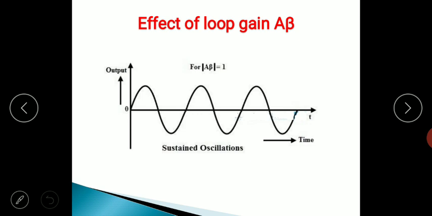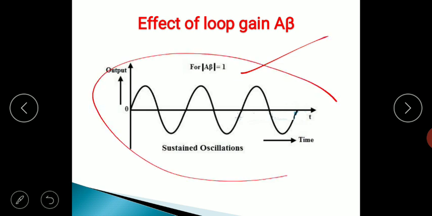You can see here, when A beta is equal to 1, we get undamped oscillations or sustained oscillations of fixed amplitude and fixed frequency. And as already told, the amplitude and frequency of the generated oscillations depend upon the circuit elements that are used in the circuit. So when A beta is 1, we get what is called sustained oscillation or undamped oscillation.